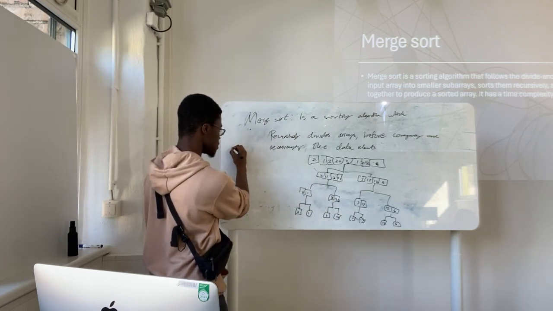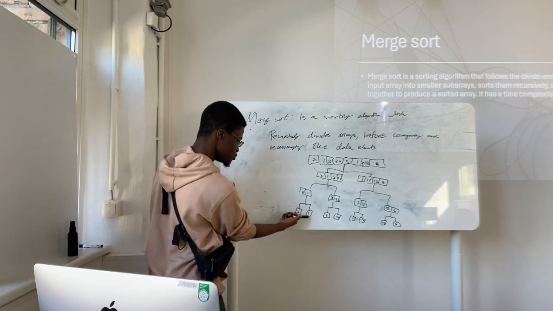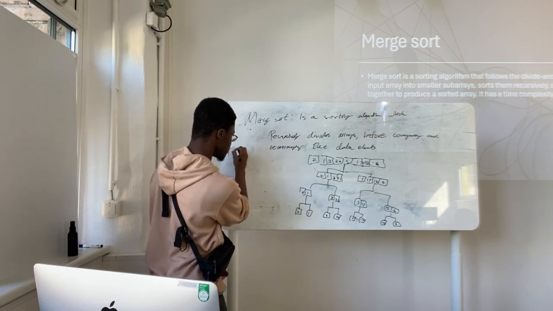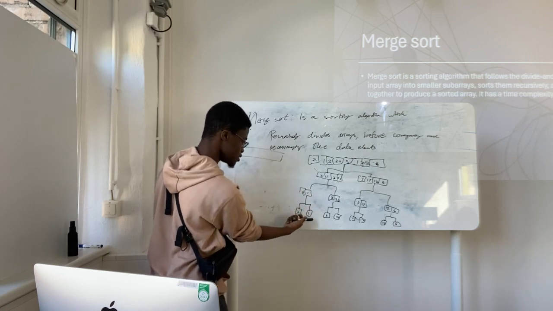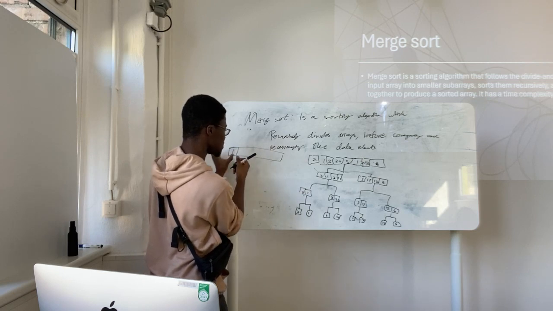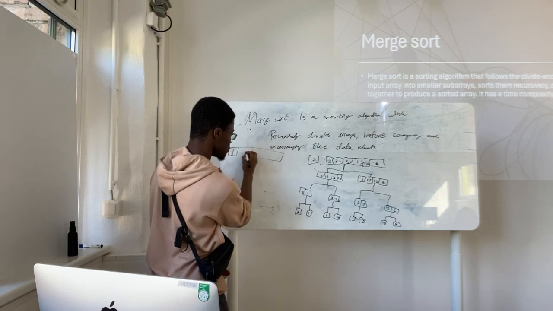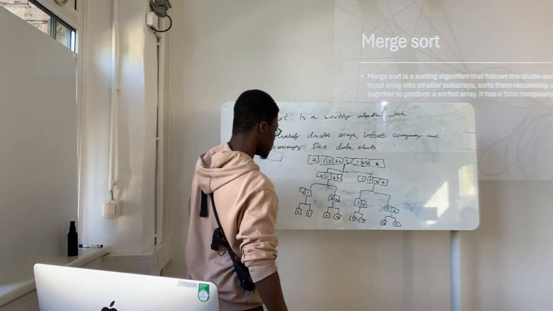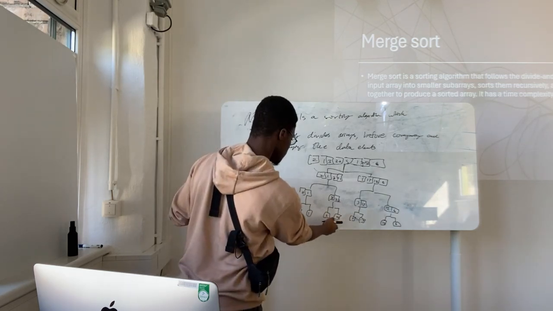It's going to see that 2 is larger than 1, add 1 to a temporary array first, and then add 2, right? And then it's going to sort 22 with these as well.